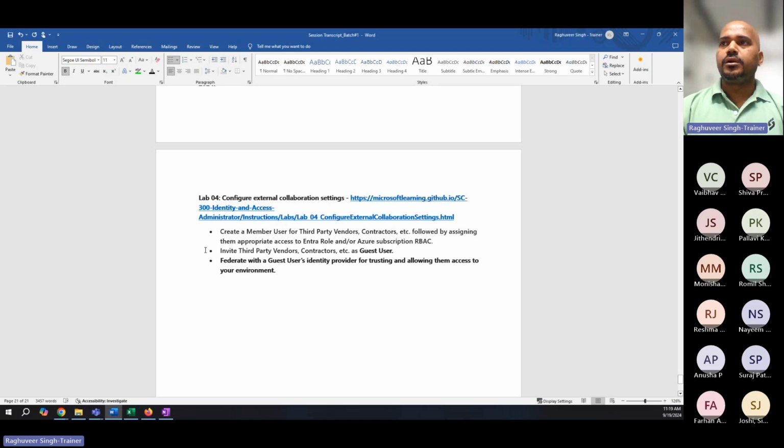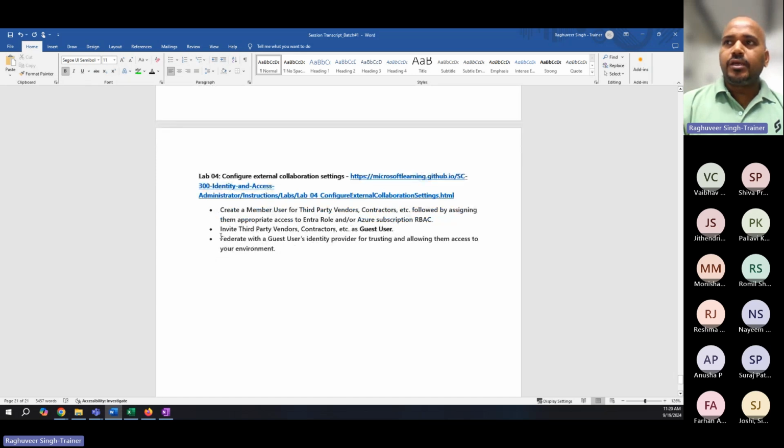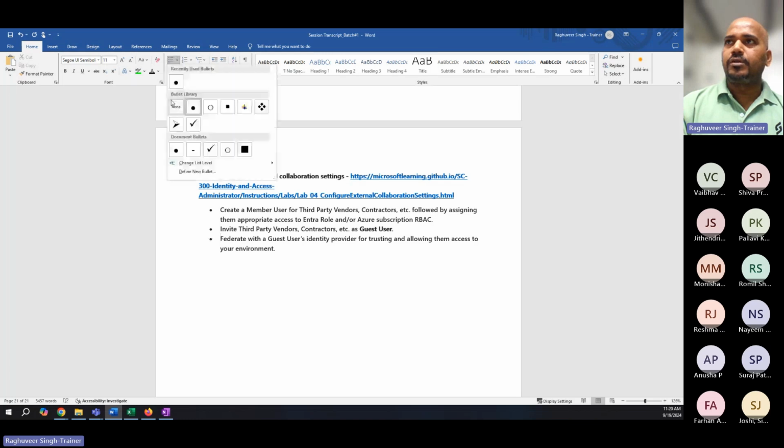That's very important. Let's say I invite somebody as a guest user and that person has a Gmail ID. That person has an account with Facebook. That person has their own Microsoft account, their own domain, and with that domain, they have an account. So there could be n number of possibilities. So when I invite a guest user, this is part of the invite itself.